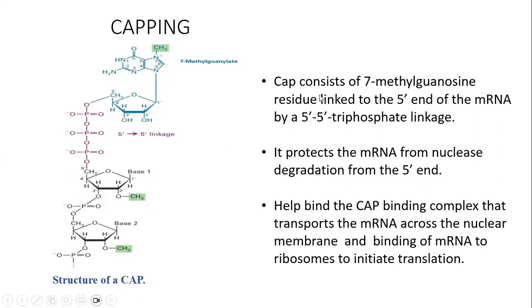The 5' cap is also important in transport of the messenger RNA molecule across the nuclear membrane by interaction with the nuclear pore complex containing the cap binding protein complex. Then once the messenger RNA has entered the cytosol, the cap also plays a role in the translational initiation process.